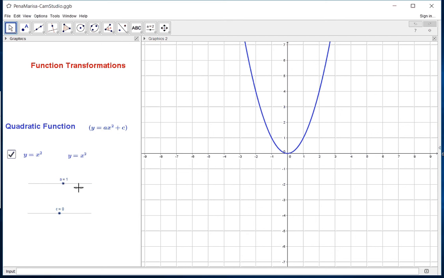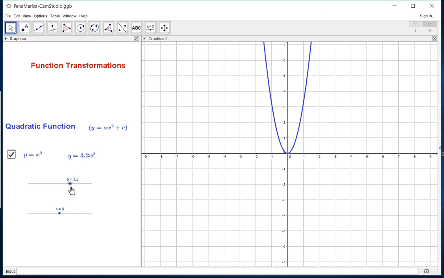So if we look at this right now, our slider is set at 1. Okay, what would happen if I change my slider to a larger a value? Well, as I am changing the a value, if we look at the graph, our parabola, in other words, this right here, our U-shaped graph, which is called the parabola, is becoming narrower.